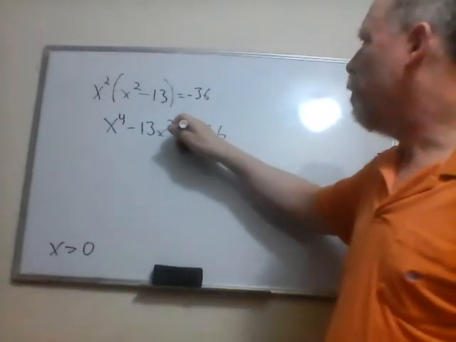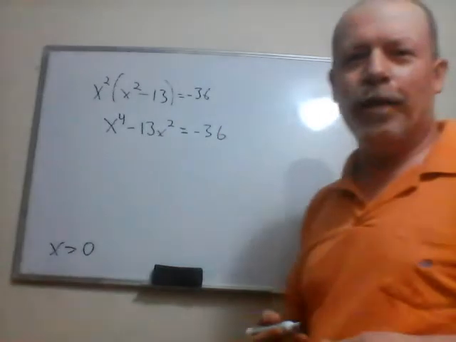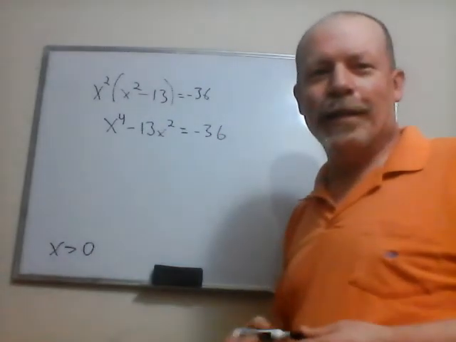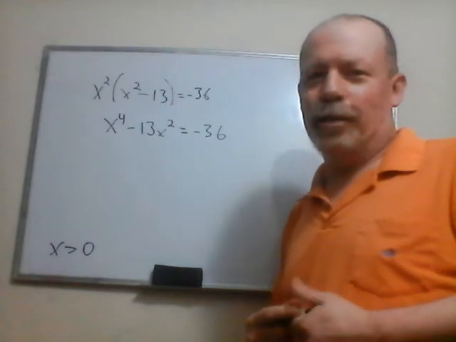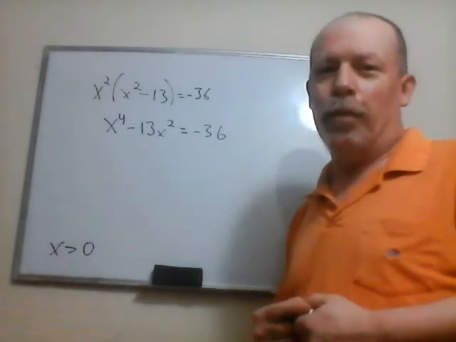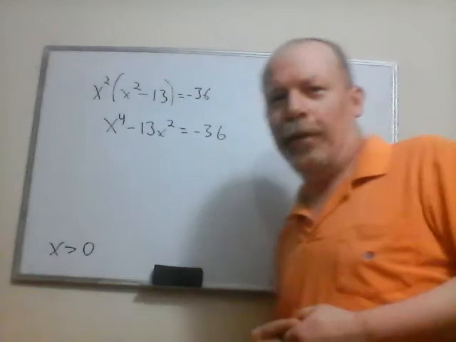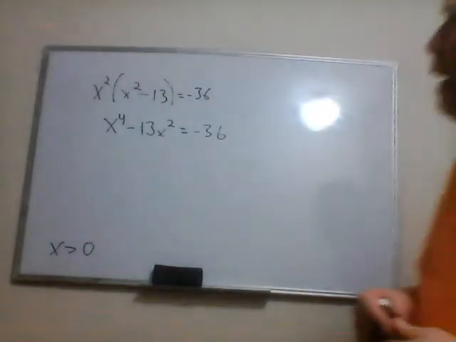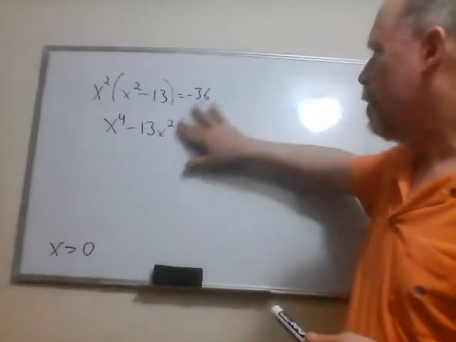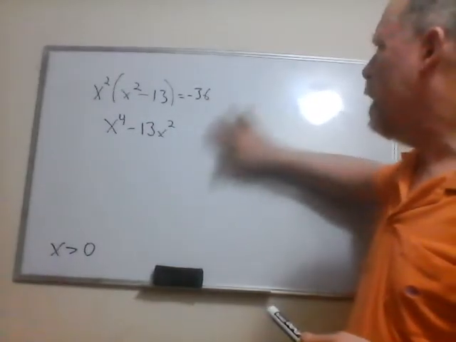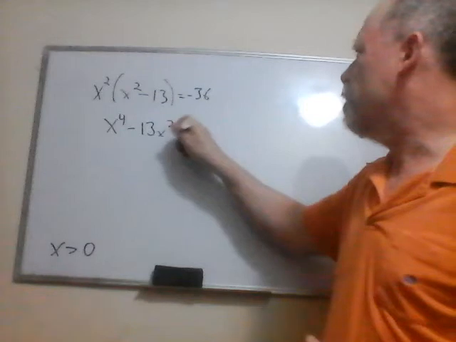To me, it's because the parentheses are gone. Getting rid of parentheses is a hint that something's been simplified. From there, it begins to look more like a quadratic. So I'm going to change that minus 36 to a plus 36.